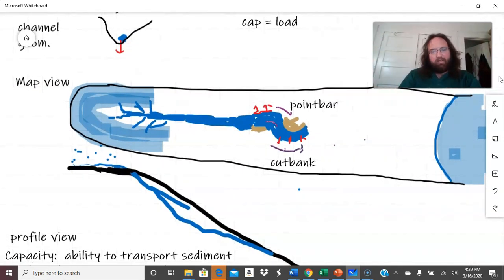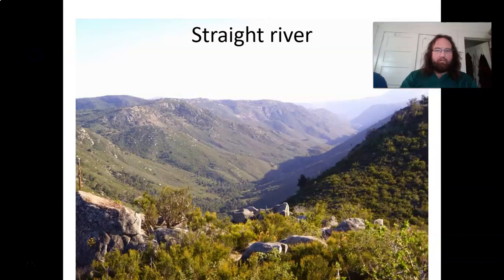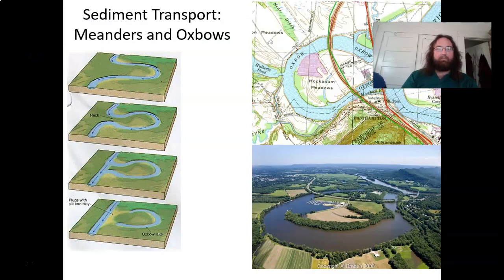Point bar. And the term for a river that's doing this sort of wiggling motion is not a straight river, but a meandering river.